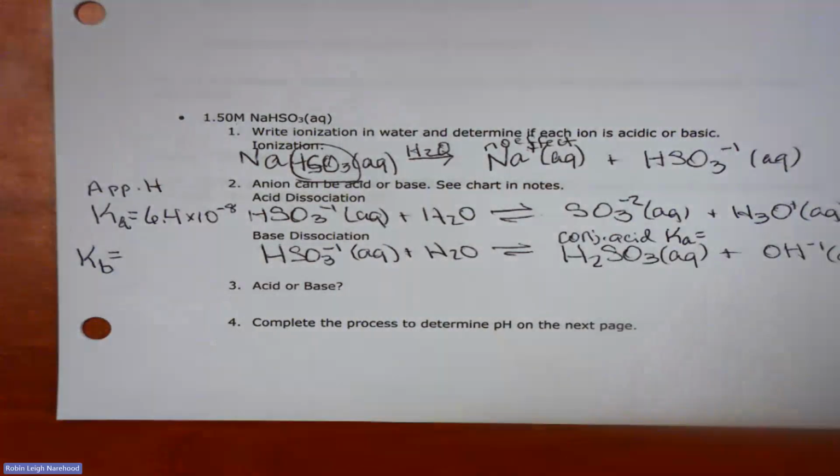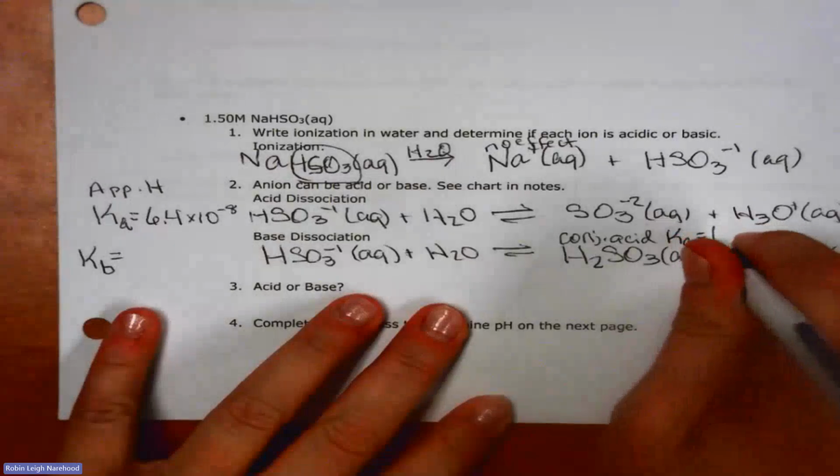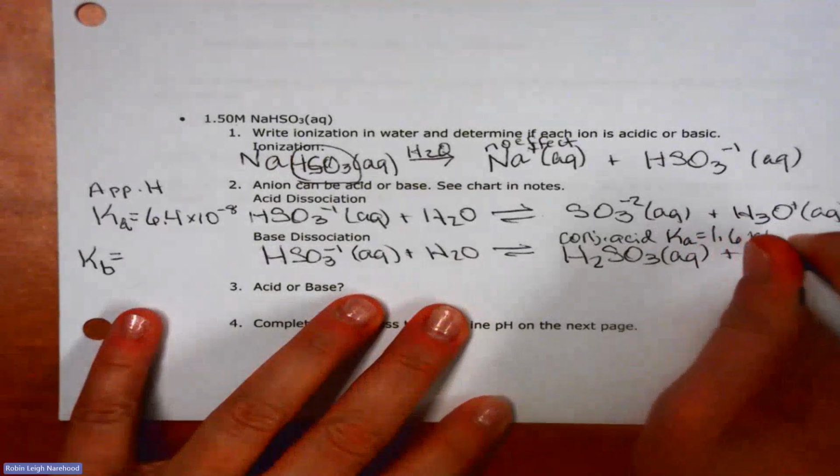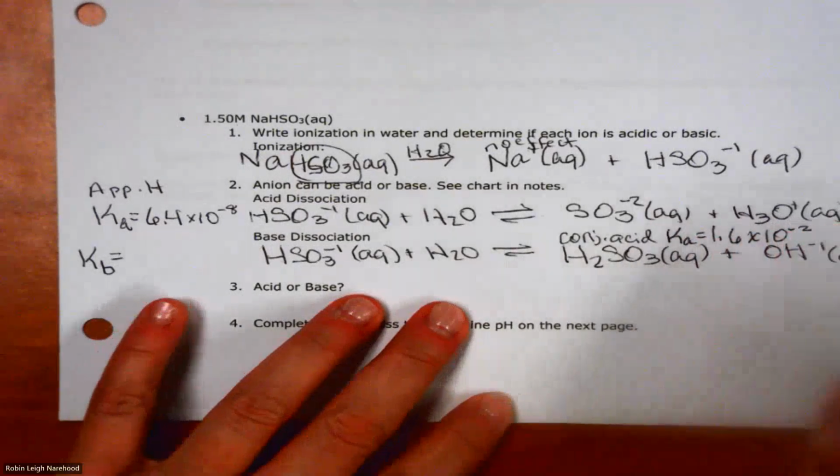My little flow chart says you need to look in Appendix H for the conjugate acid's Ka. So this conjugate acid's Ka is 1.6 times 10 to the negative 2.